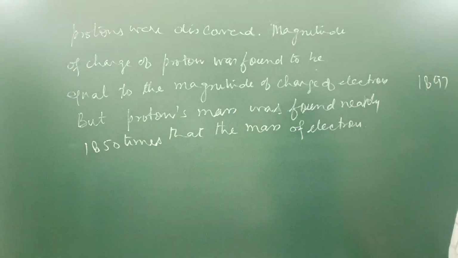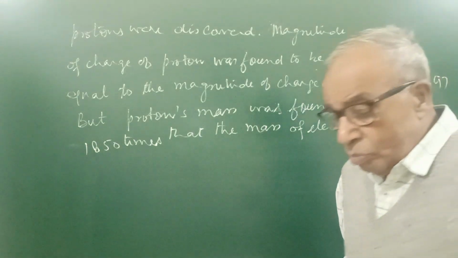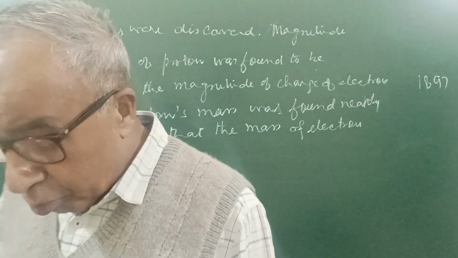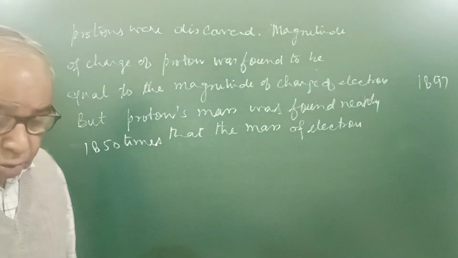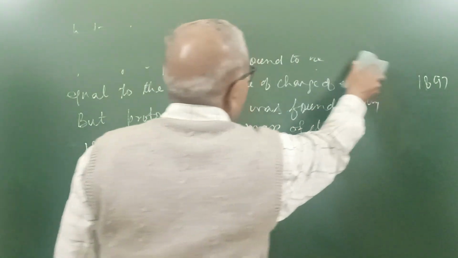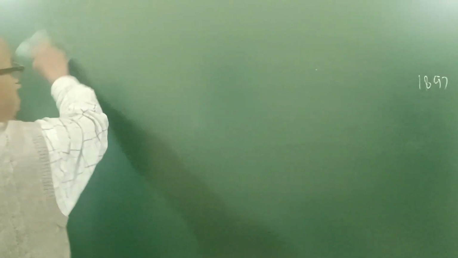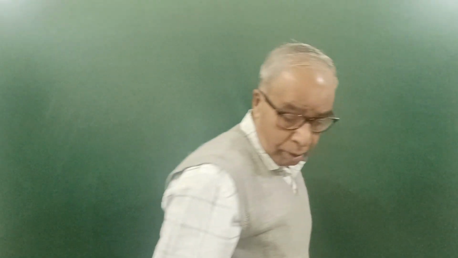Their charges are equal and opposite. That is why the atom as a whole is neutral. But Thomson then wondered how the distribution of mass and charge takes place inside the atom. Thomson proposed a model. So I take here Thomson's model of atom.